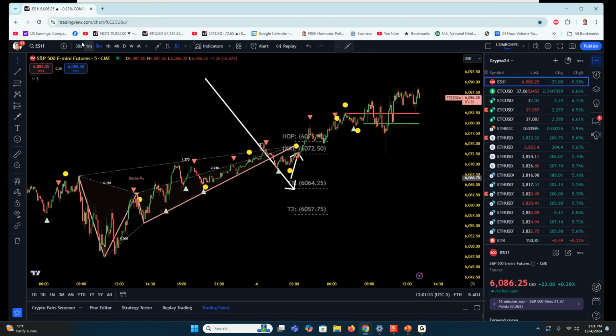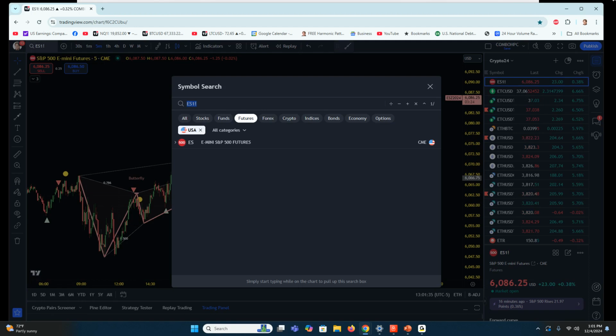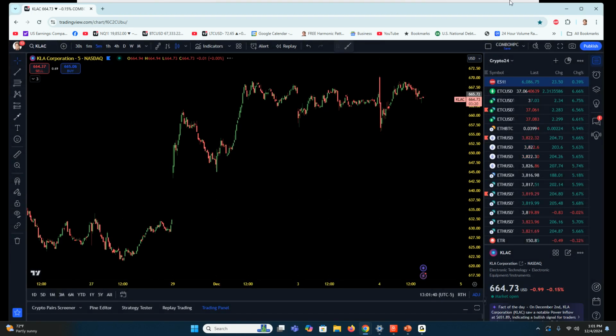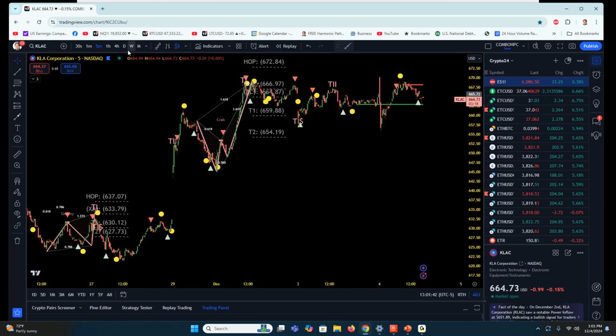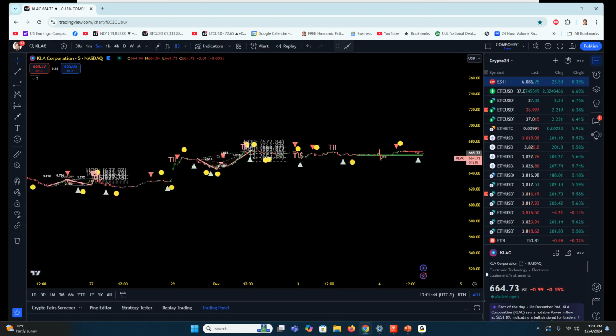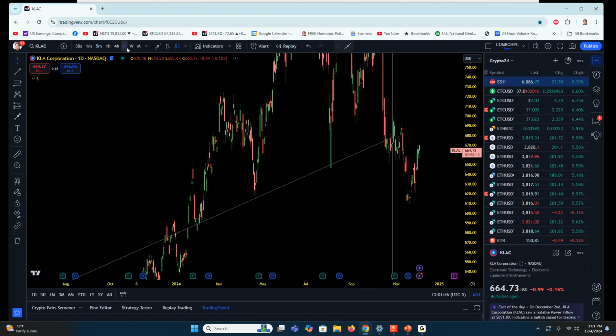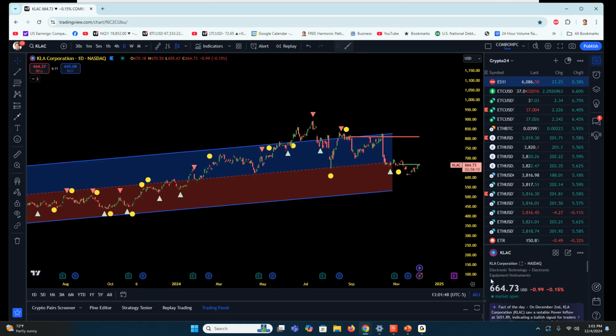That's the SPY deal. Here's a stock currently bottoming as we speak, KLA. Why do I say that? We had this daily setup, and we've been waiting on this for a while.